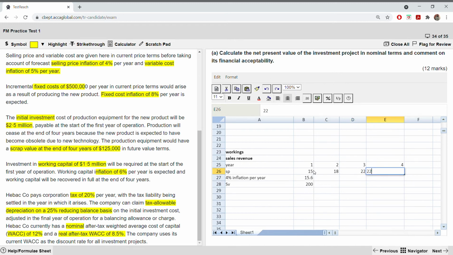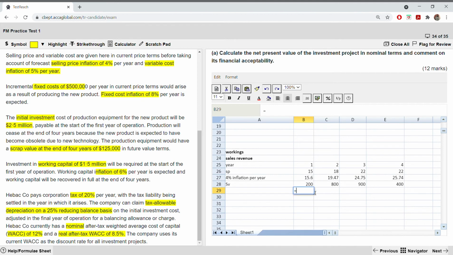Next we have 19.47, 24.75, 25.74, then 800, 900, 400. If you do it in one cell, you can just copy paste it to the other cells. This saves a lot of time.